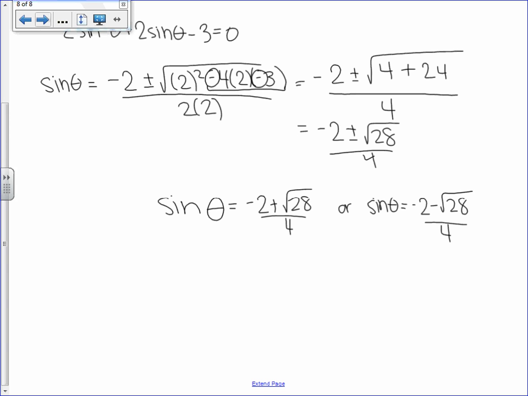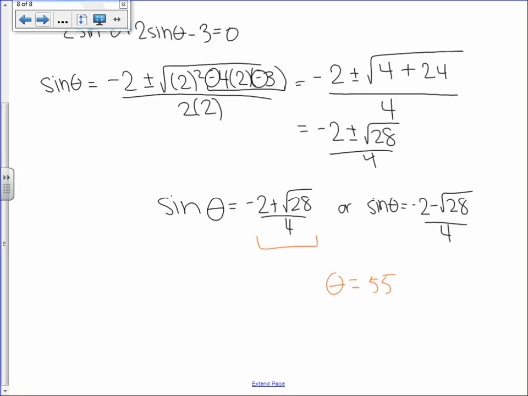Okay? Now when you do this, one of them will work and one of them won't. I think when you put the one with the plus in here, this is going to be too big. But we go ahead, we do our inverse sine, we end up getting that theta is equal to 55 degrees.